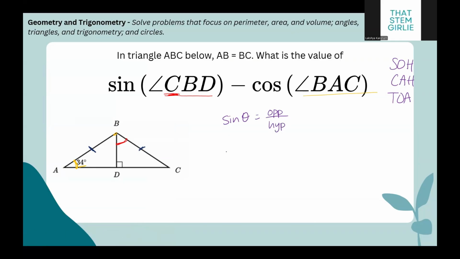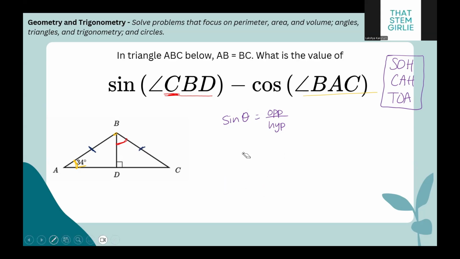The cosine of some angle is the side length adjacent to that angle divided by the hypotenuse. And the tangent of an angle is equal to the length of the side opposite to the angle divided by the length of the side adjacent to the angle. So that is what that mnemonic SOHCAHTOA means. I would highly suggest you imprint that in your mind. So first we have sine of CBD, so we're looking at sine.